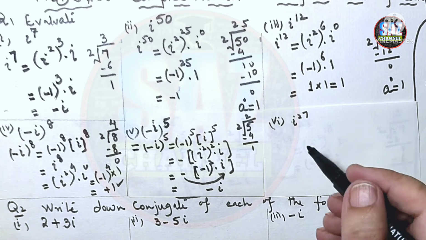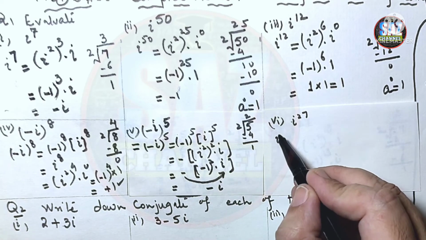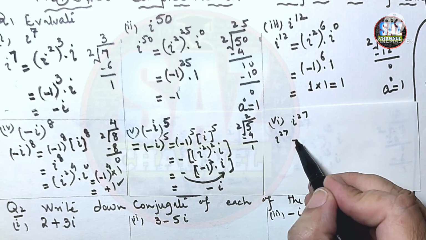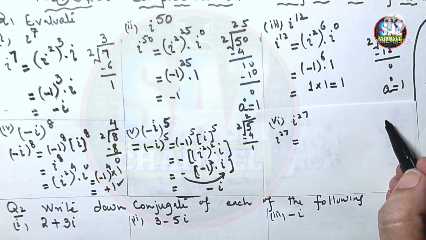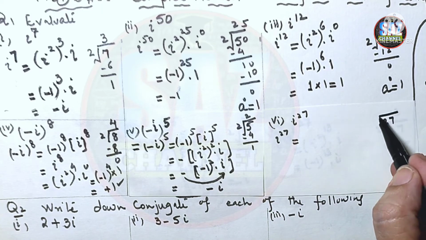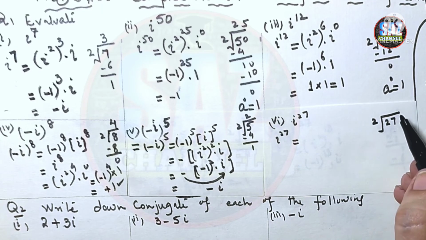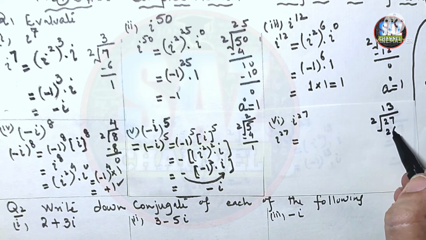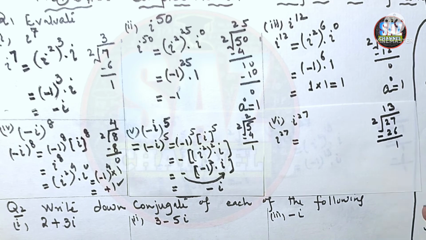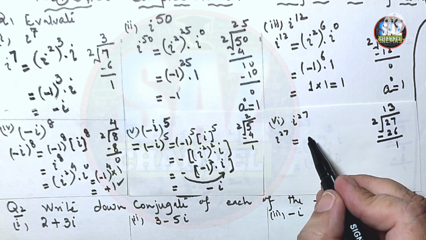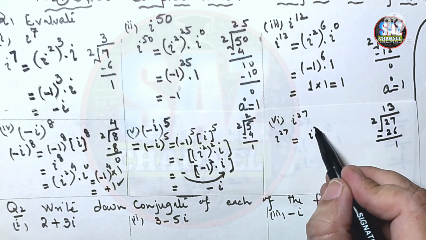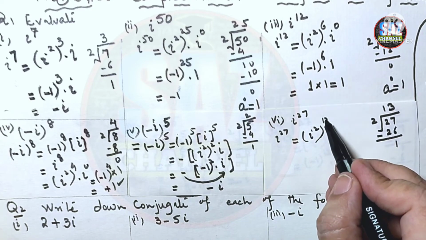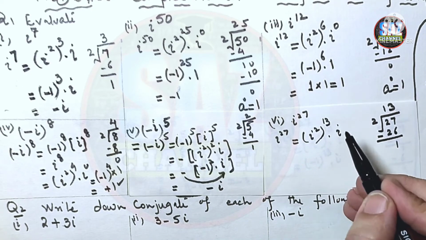Moving to the next question, that is iota 27. I hope you are clear that what we have to do, we have to divide the powers of iota by 2. 2 13 times is 26, closer to 27, and remainder 1. So, iota 27 can be written as iota square raised to power of 13 into iota.